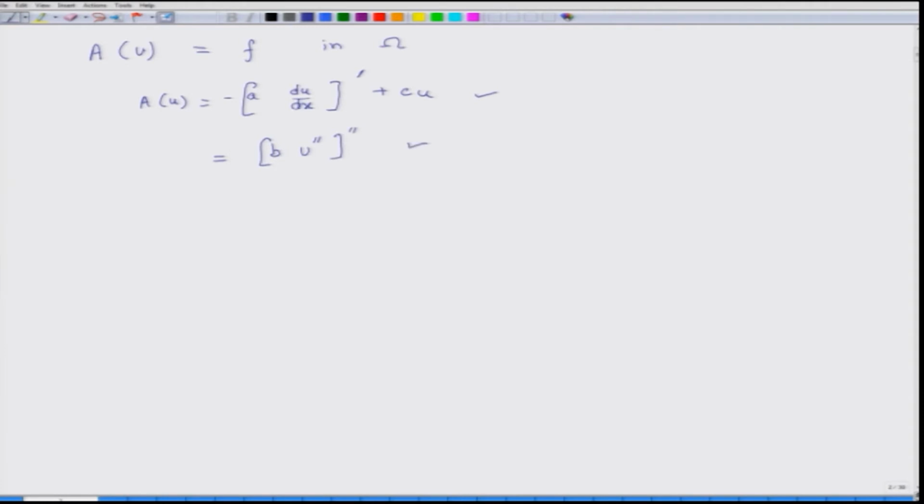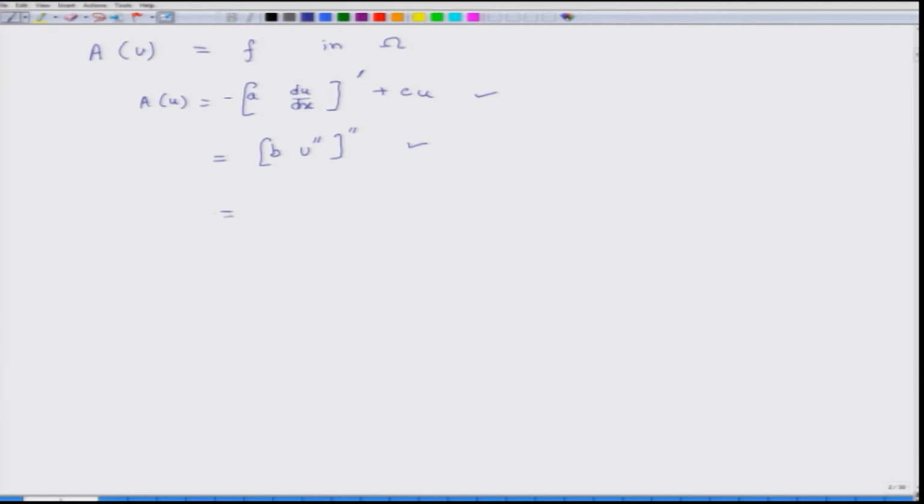This particular operator is applicable for beams: E I and then the deflection fourth derivative equals q.